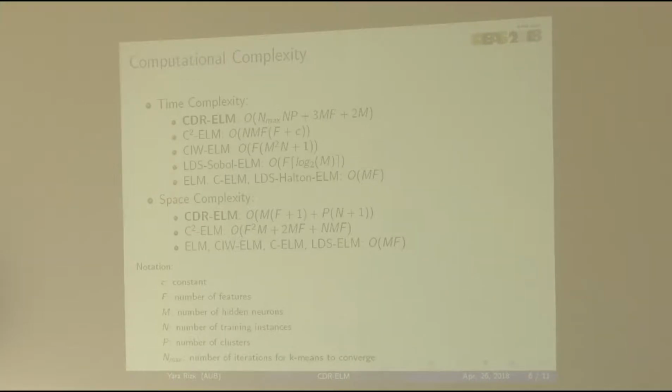But in my case, I'm applying a clustering algorithm, which generally is an iterative algorithm and might take some time to converge, and that is really dependent on the type of data that we have. Beyond that, the rest is pretty much the same. The complexity is attributed to computing some matrix multiplications and inversions.